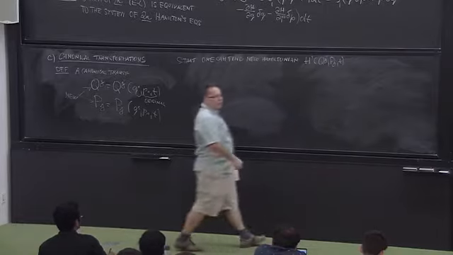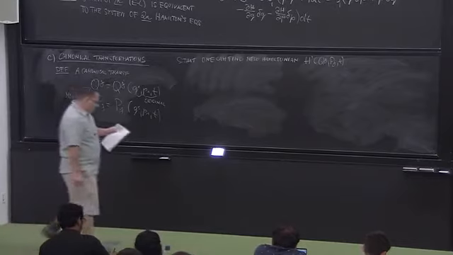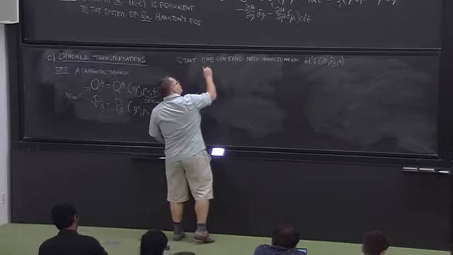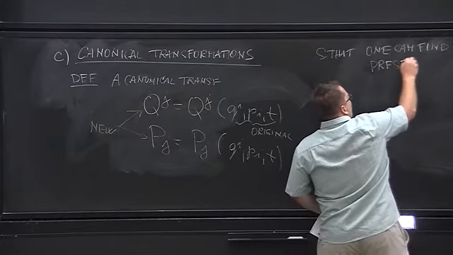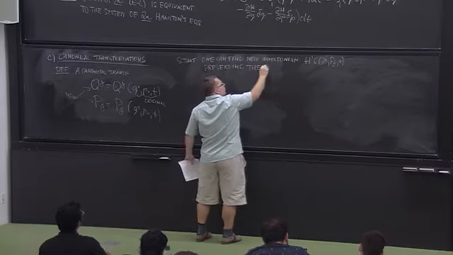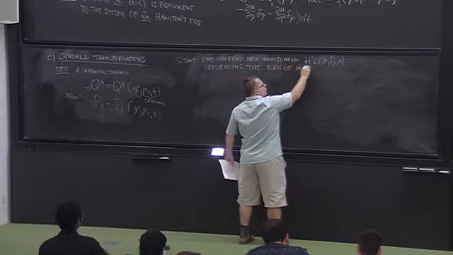So now it's a function of new capital variables Q and P. One can find such a new Hamiltonian, preserving the form of Hamilton's equations.